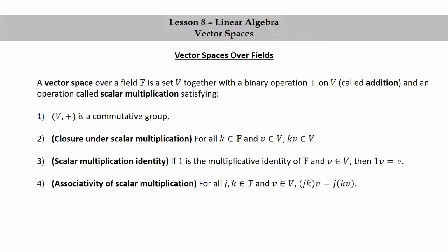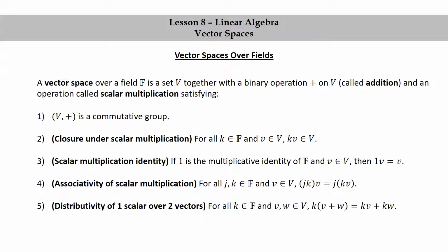We have associativity of scalar multiplication. For all j, k in F and v in V, (jk) times v is equal to j times (kv). We have distributivity of one scalar over two vectors. For all k in F and v, w in V, k times (v plus w) is equal to kv plus kw.